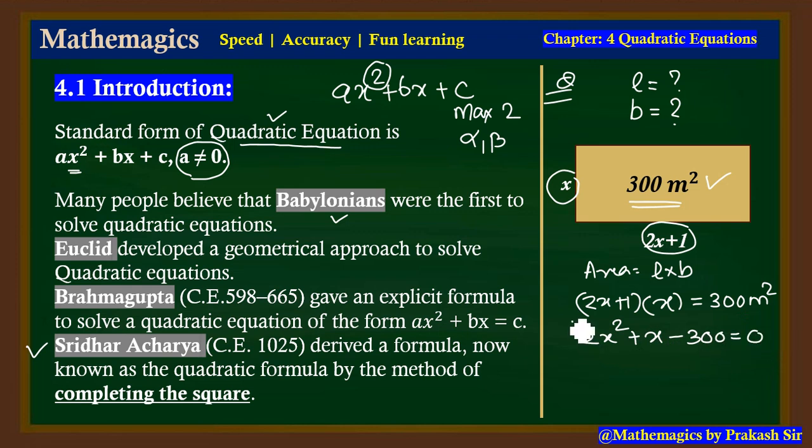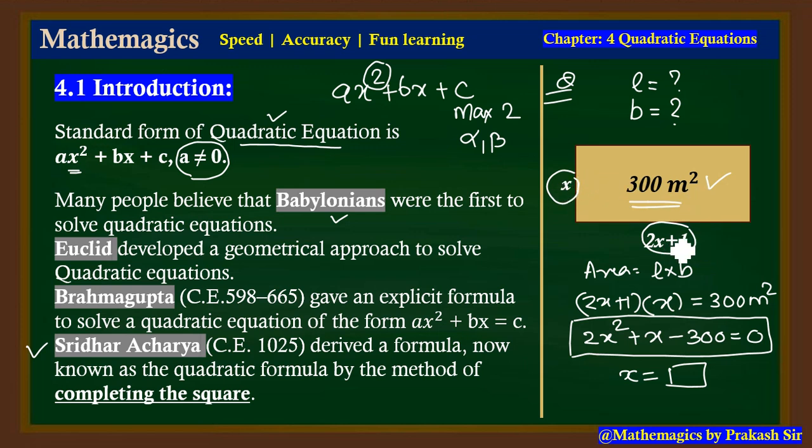So dear friends, here we are obtaining a quadratic equation. You must be understanding that after getting the solution of this quadratic equation, we will get the value of x. Once we get the value of x, we will put it into 2x plus 1 to get the length, and x is directly the breadth.